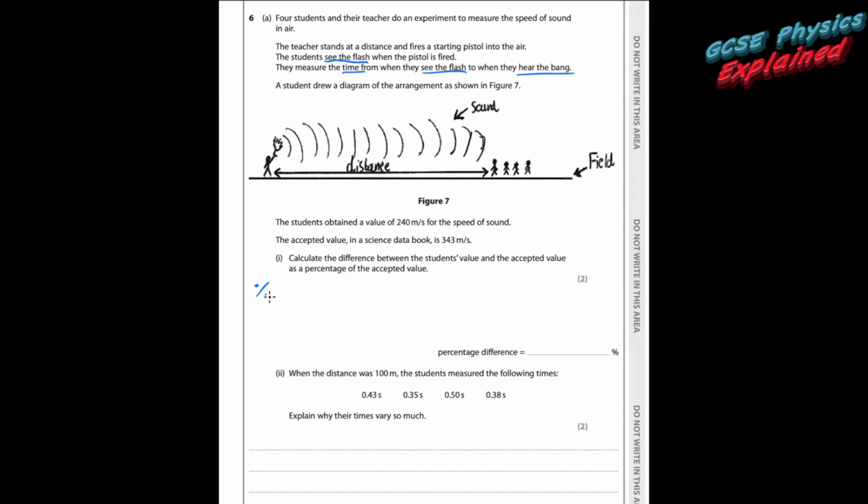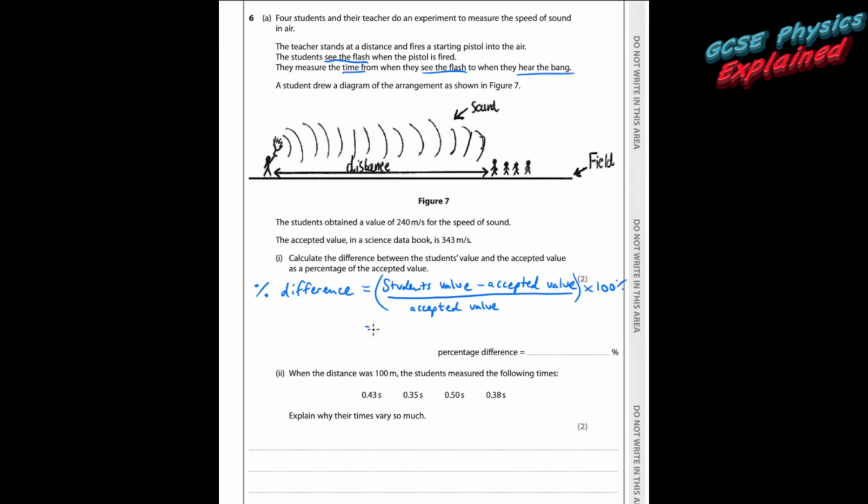Right, so the percentage difference will be the student's value, take away the accepted value, divided by the accepted value. And then we need it to be multiplied by 100 to get it into a percentage.